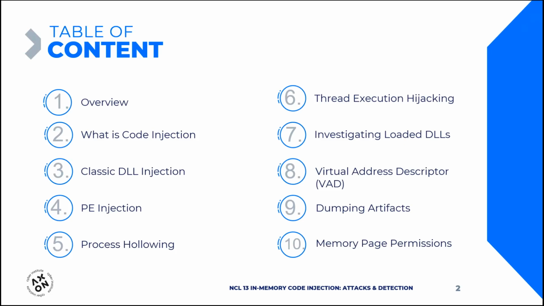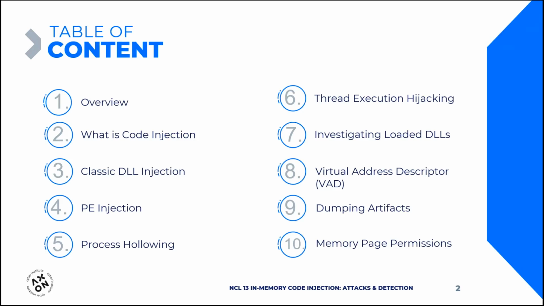There are many in the wild, more than 10, 12, and even more, but I'm going to explain four of the most common and most sophisticated ways: classic DLL injection, PE injection or portable executable injection, process hollowing, and thread execution hijacking. These are four types of code injection in memory.